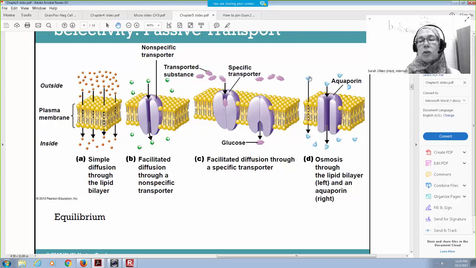When we're talking about the movement of water, and water only, not ions or sugars or any other molecules like proteins, then we use the term osmosis. That's just to describe the movement of water in or out of a cell. All right.